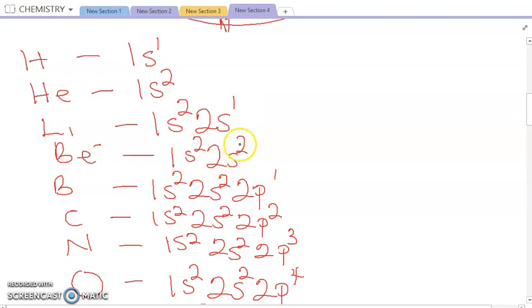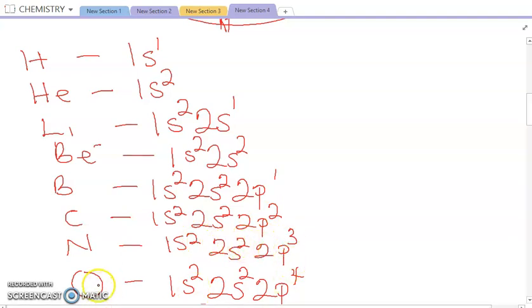Then if you're filling for beryllium, you're going to have 1s2, 2s2. By the time you fill the second electron in s orbital, it is filled. So the new electron will go into the p orbital. So for boron, you have 1s2, 2s2, 2p1. Then for carbon, you have 1s2, 2s2, 2p2. For nitrogen, you have 1s2, 2s2, 2p3.